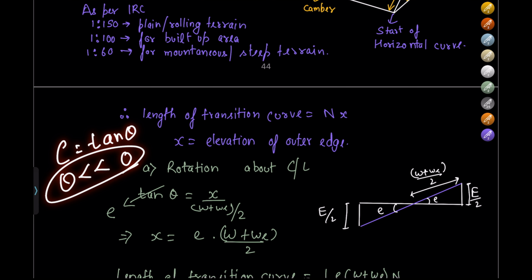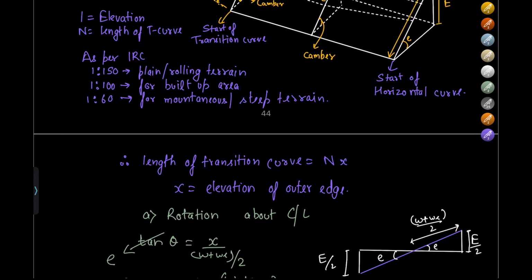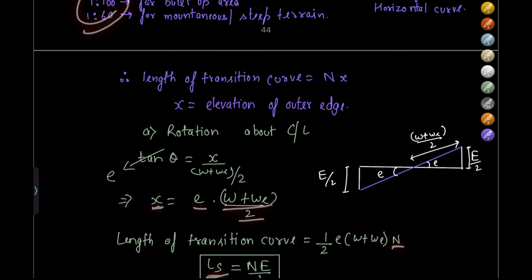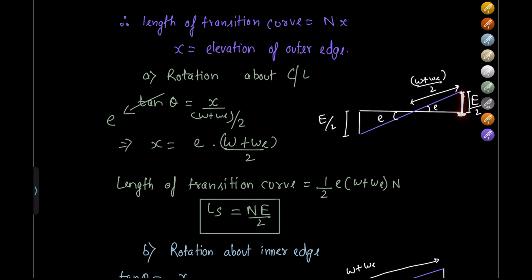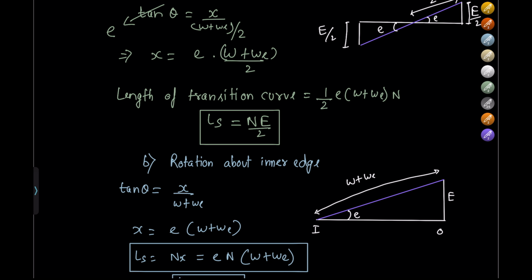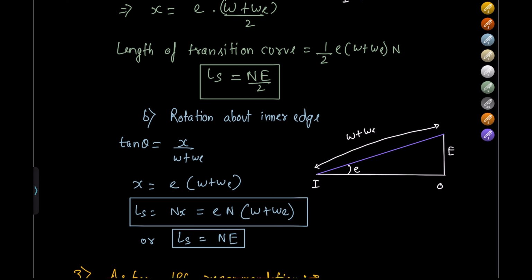Fine. So x would be equal to eW plus We by 2, and the length of transition curve is given by capital N times this value, eW plus We by 2. And when it is rotated about the inner edge, the whole e is provided, then this 1 by 2 is dropped, and this is equal to N e.